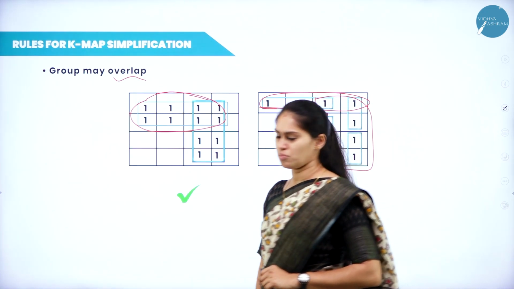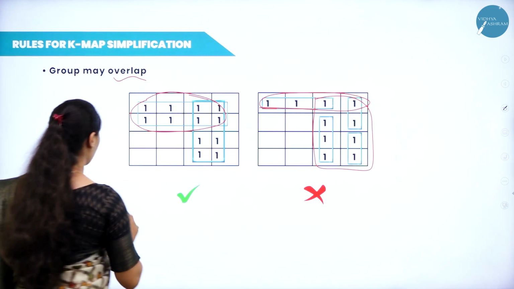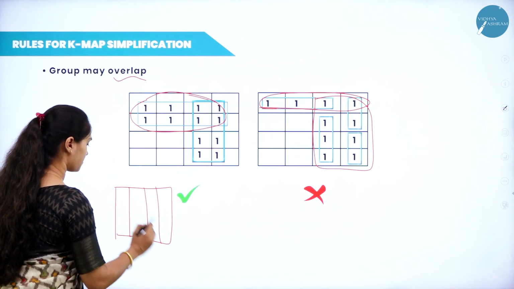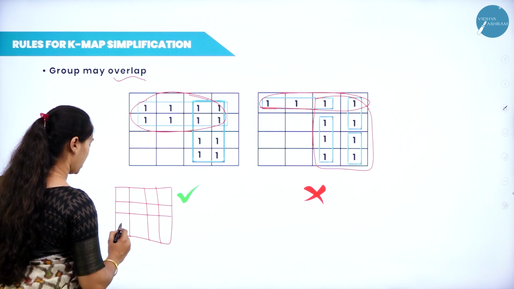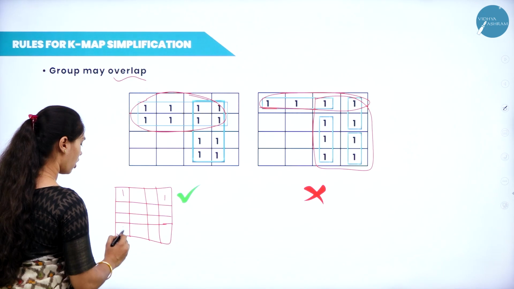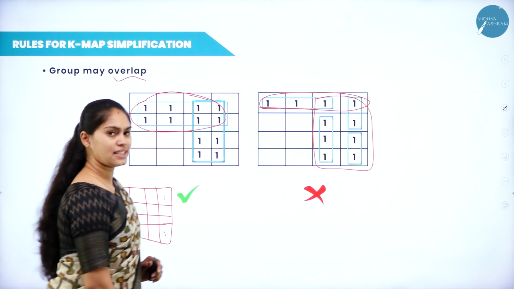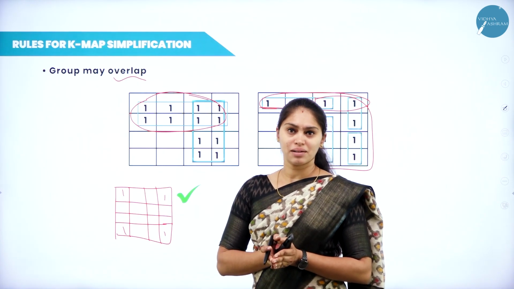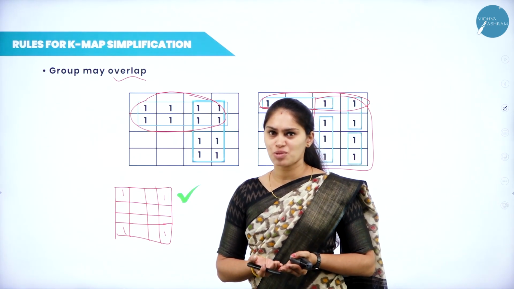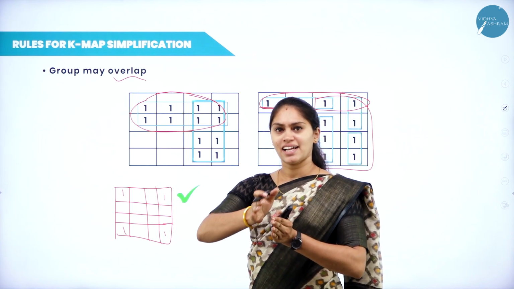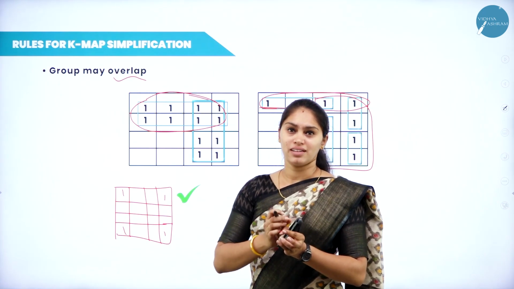And we also have some more rules. For example, consider we have 16 cells, that is of 4 variables. If I have 1s at all the 4 corners, I can use the map rolling concept. That means if you consider any textbook, and fold it, all the edges or corners come together, isn't it?